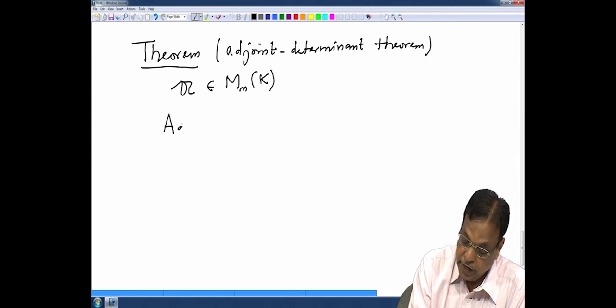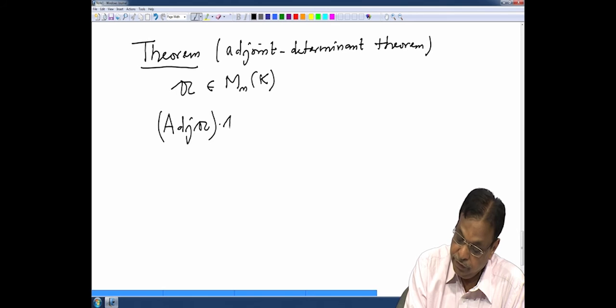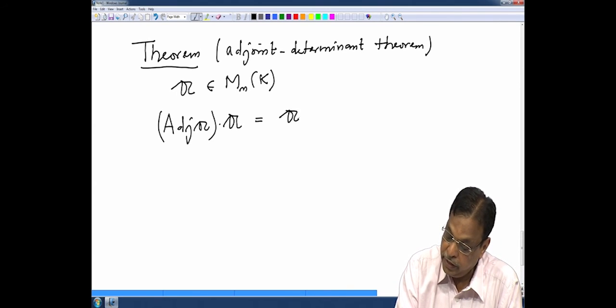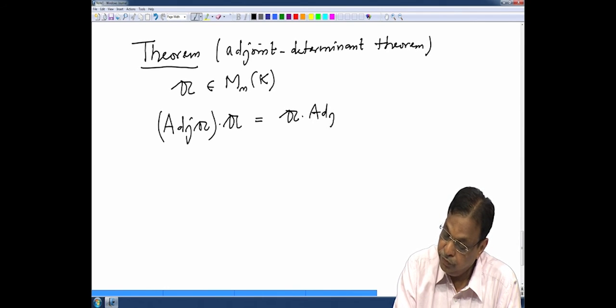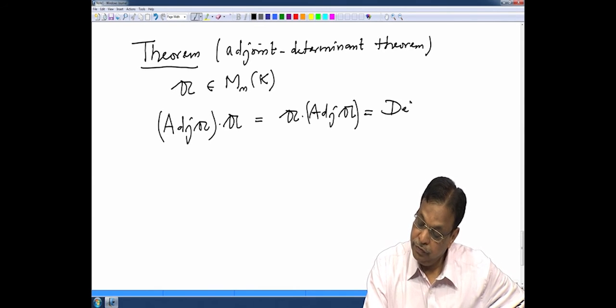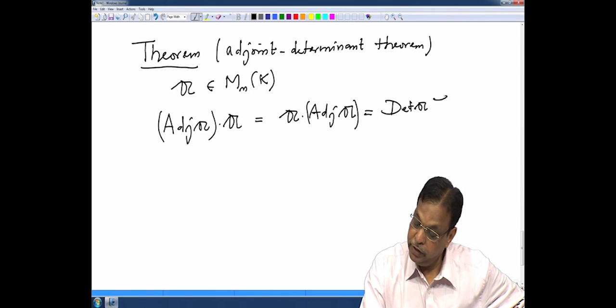Then if I take the adjoint of this matrix and multiply the matrix A, or do the other way, that is multiply A on the left, this is nothing but determinant of A times the identity matrix.